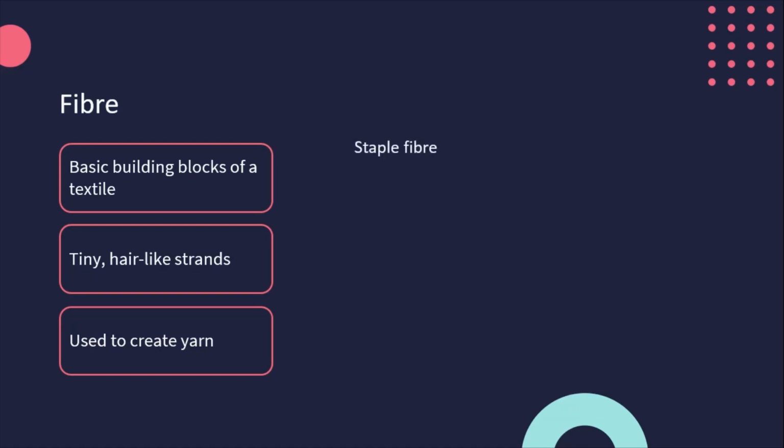A staple fiber is a short strand. Length of staple fibers varies, so high-quality staple fibers are longer and finer, and low-quality staple fibers are shorter and coarser. Staple fibers can either be natural or synthetic.